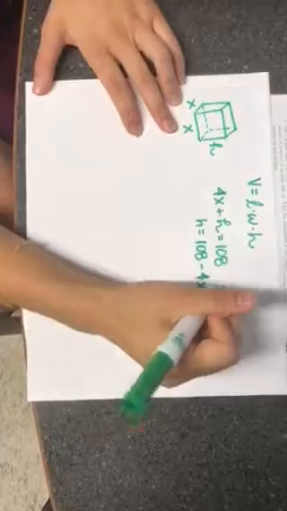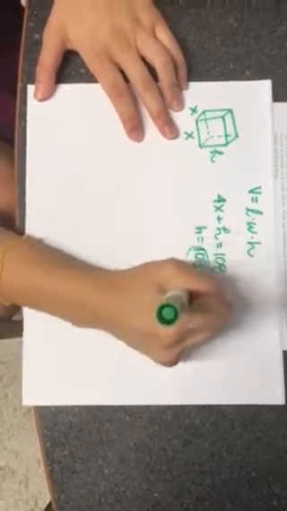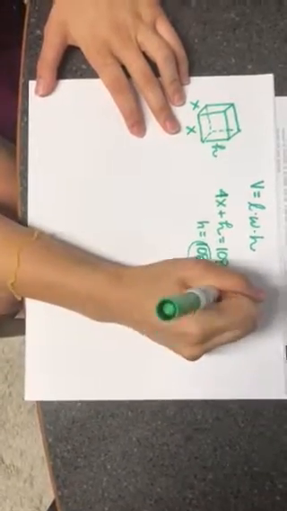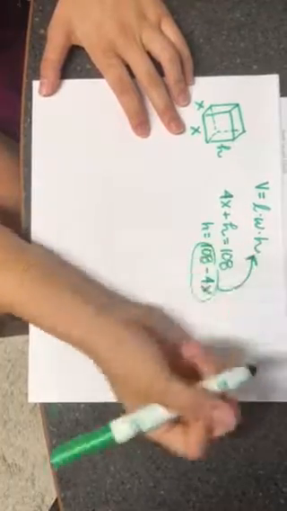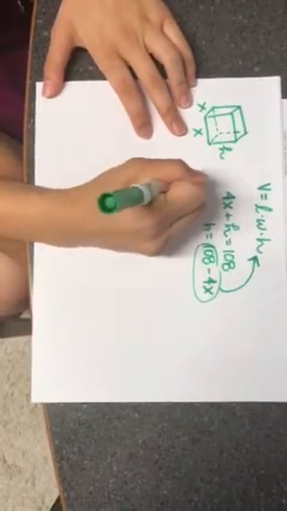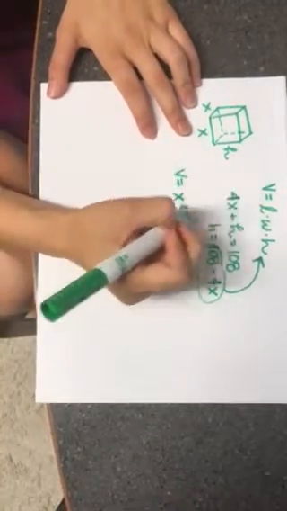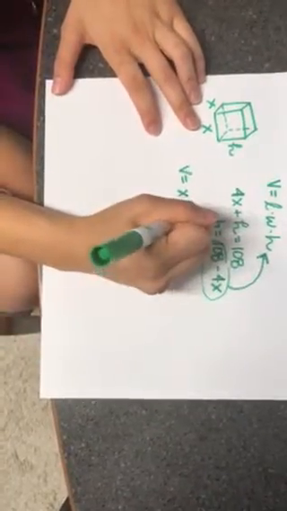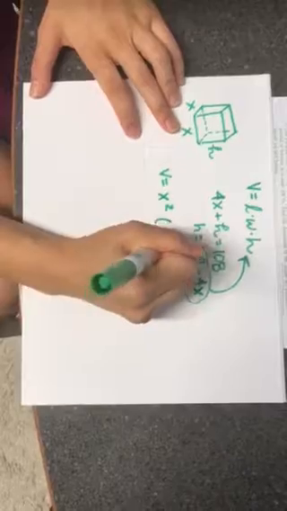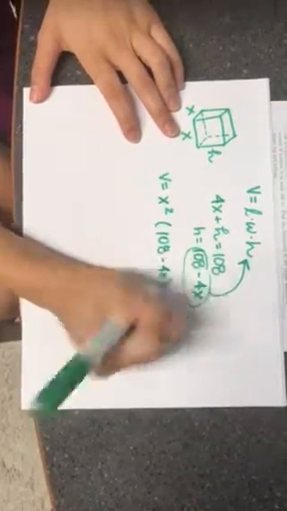And then plug this up into this equation. So you'd have volume equals x squared, because the length and the width is both x, times 108 minus 4x.